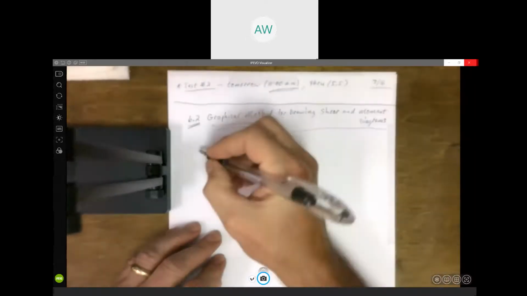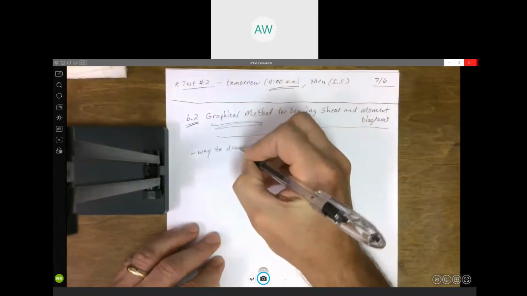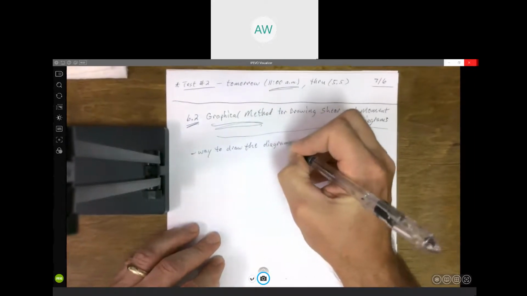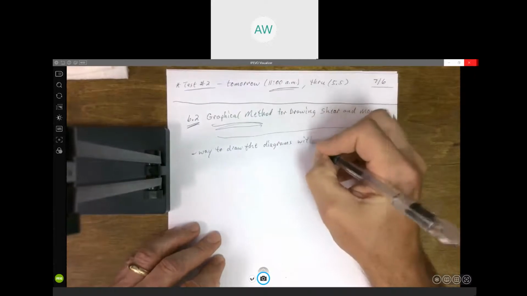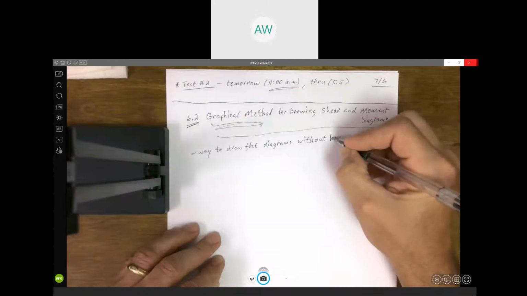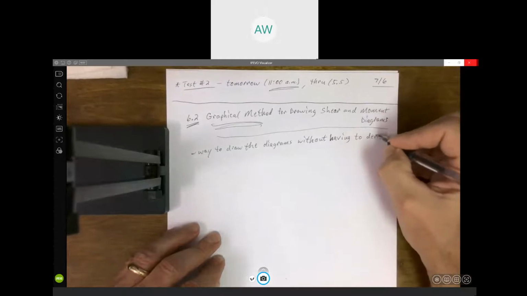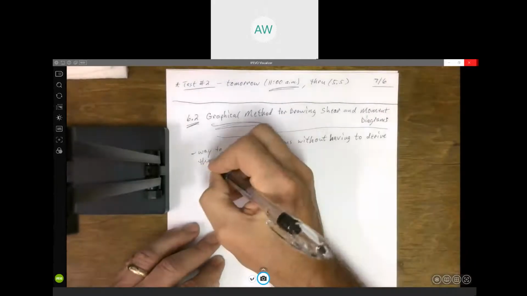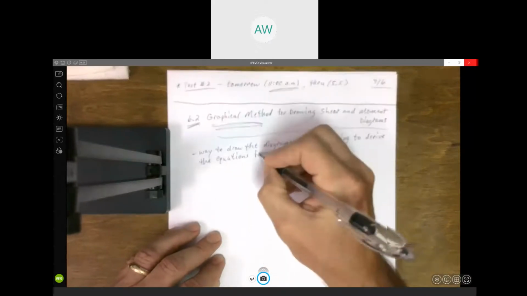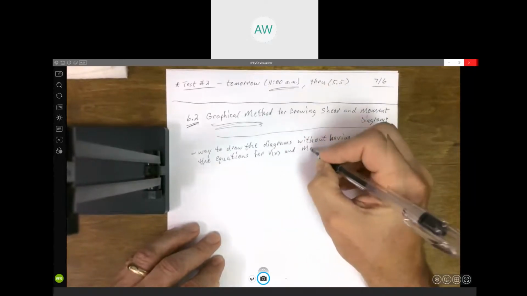What I'm calling this graphical method is a way to draw the diagrams without having to derive the equations for, say, V of x and M of x.